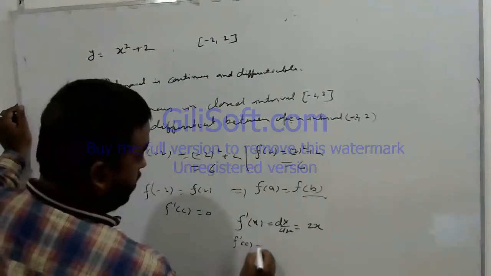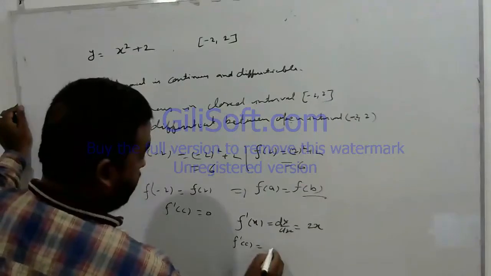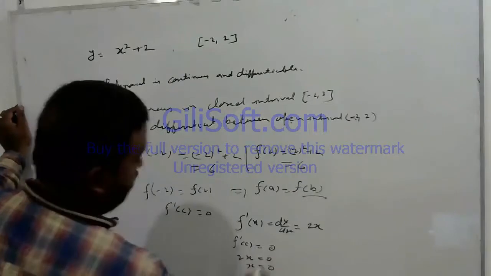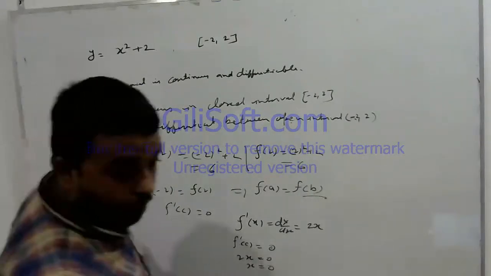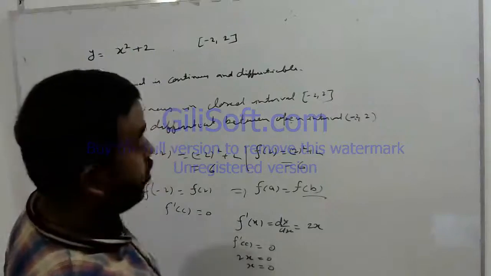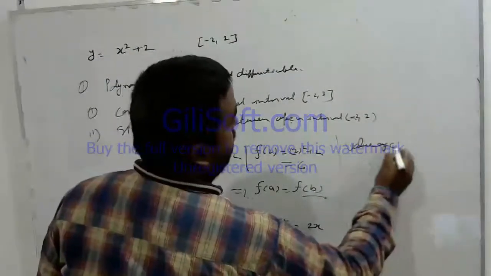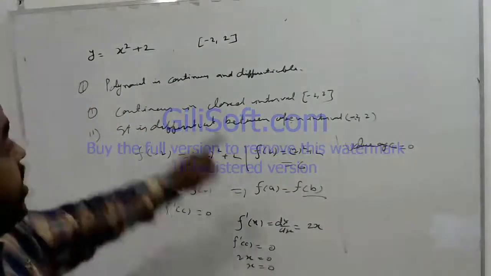So f dash c is equal to 0 means 2c is equal to 0. So you can write 2x is equal to 0, then x is equal to 0. So the value of c is equal to 0.